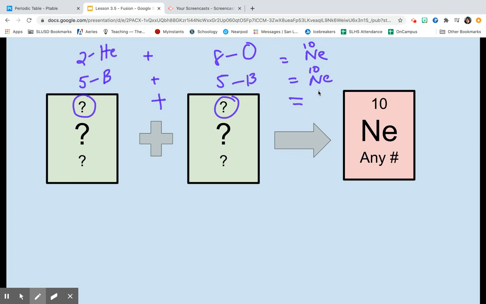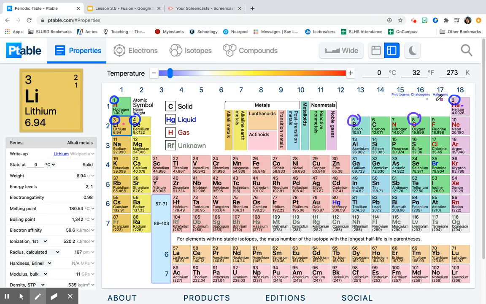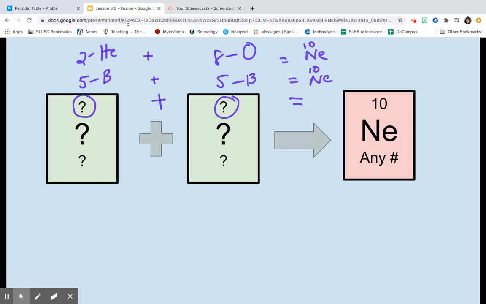What will the mass be? Well, the mass is dependent on our periodic table, right? For the first one, we used He, helium. This number is a decimal, so I'm going to round it to the nearest whole number. That's just going to be 4, so our mass for this helium is going to be 4.